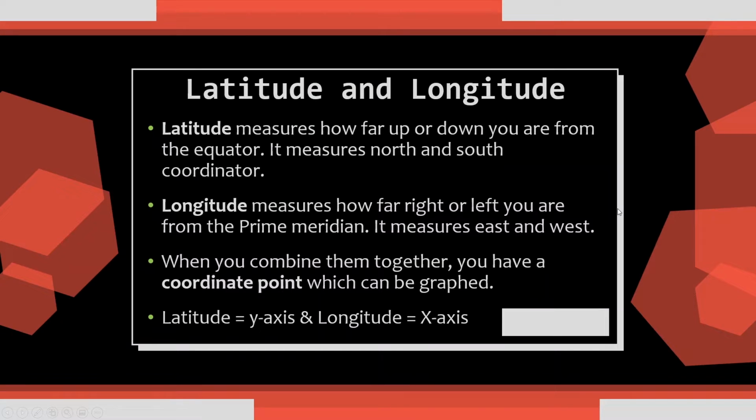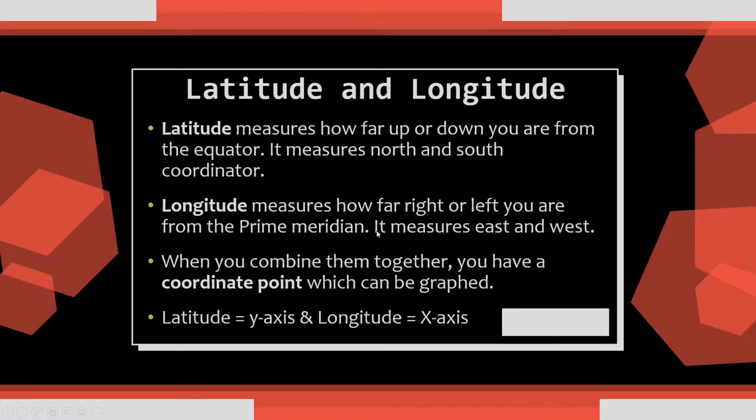So what is a latitude and what is a longitude? Latitude measures how far up and down you are from the equator. It measures the north and the south coordinate. Then what is longitude? Longitude measures how far right and left you are from the prime meridian, and it measures east and west.